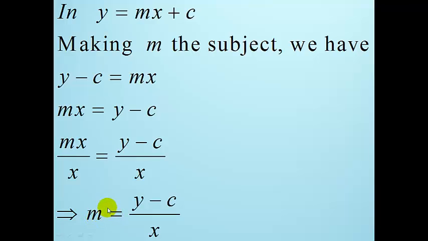This is equal to, when we divide y minus c also by x, we have y minus c divided by x. Now, this implies that m is equal to y minus c over x. So we can see that the m now stands alone. That means that m is the subject. That is how we make m the subject from the equation y equals mx plus c.